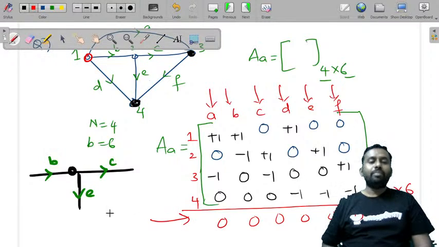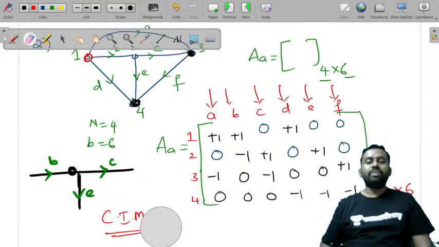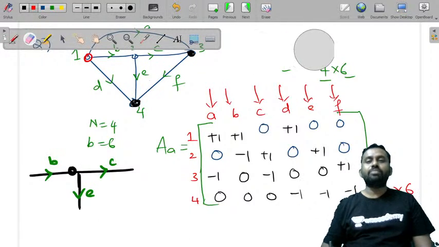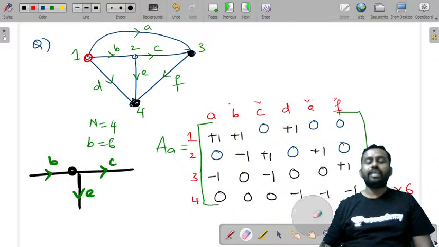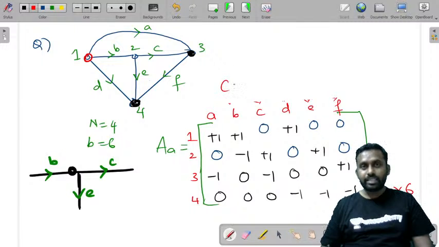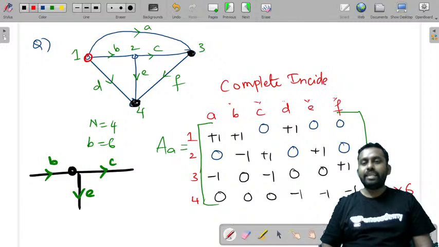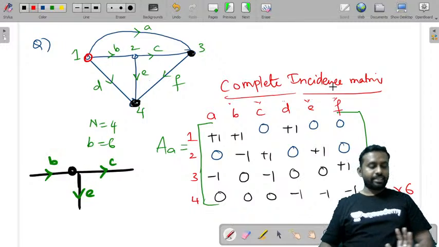This is the complete incidence matrix, and this check is just for your verification. If you have got something wrong, you should be able to see that there is something wrong in your solution. This matrix is called the complete incidence matrix.